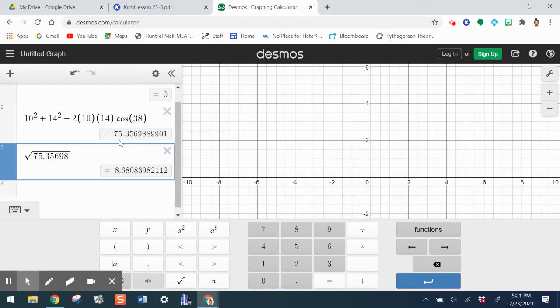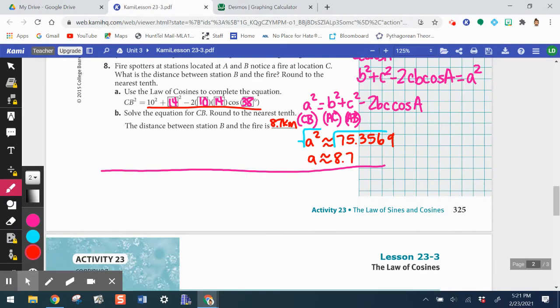And we get this decimal here, which if you think about it, this measure is way too large for the distance of CB, which is 75.3569, and so forth. So that's actually a squared, 75.35698. I wrote a squared is approximately 75.3569, just rounded off at the thousandths place.